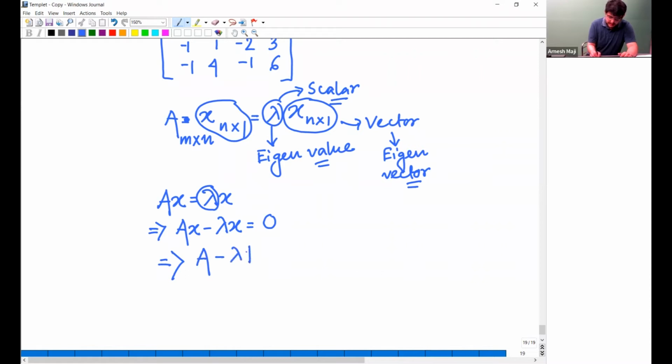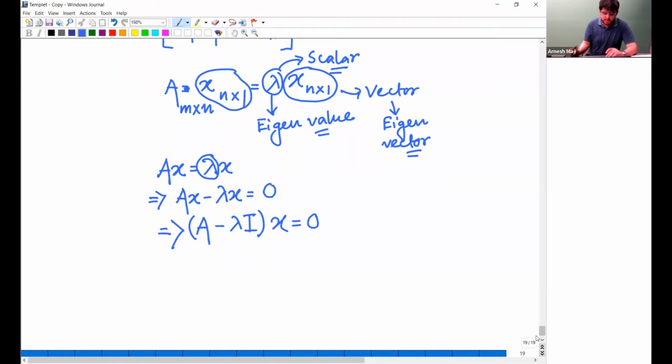That is, I multiply lambda with an identity matrix, subtract that matrix from A, and then multiply that with the vector x. So these two are equal.